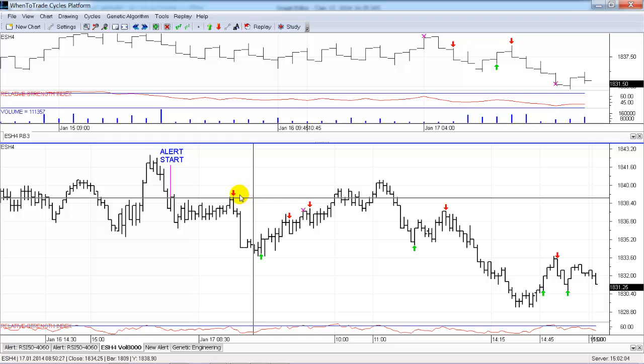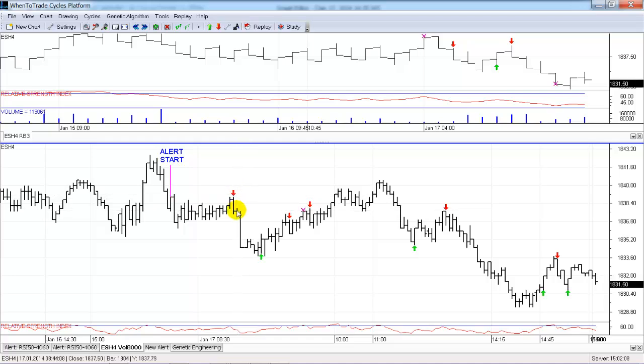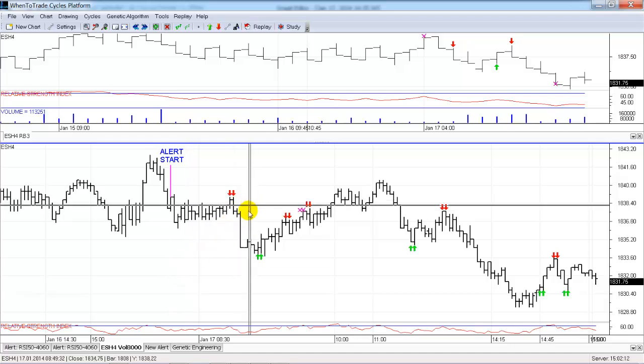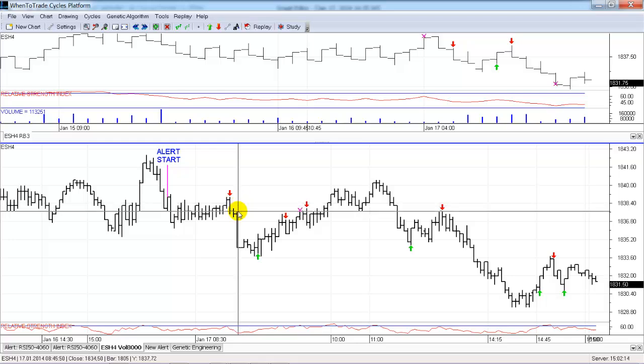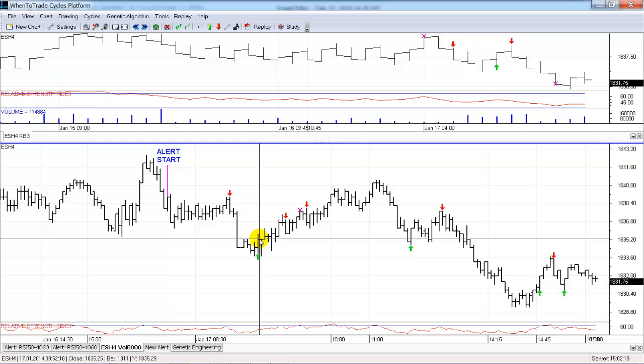So the first signal was issued here at the close of this number here. 33 down to this value here, 35.